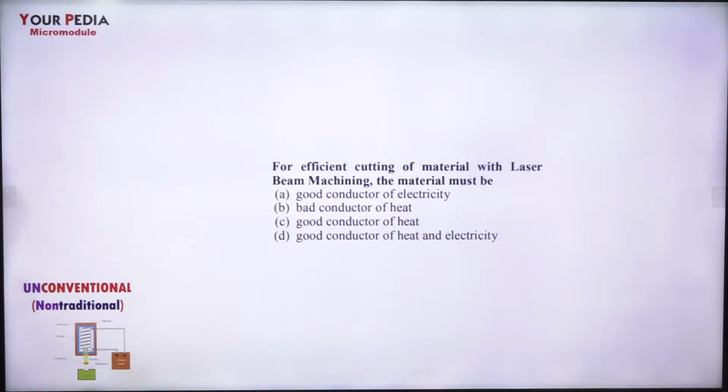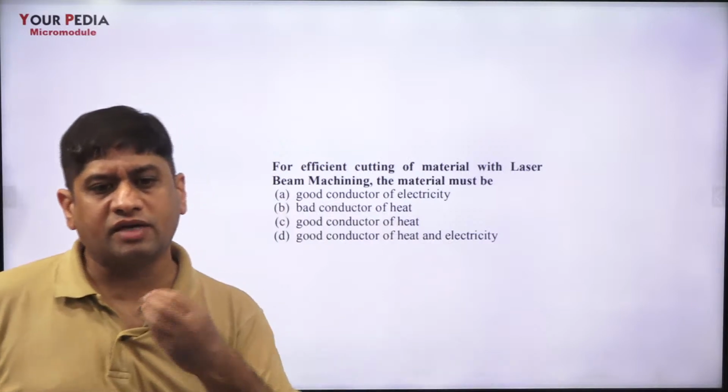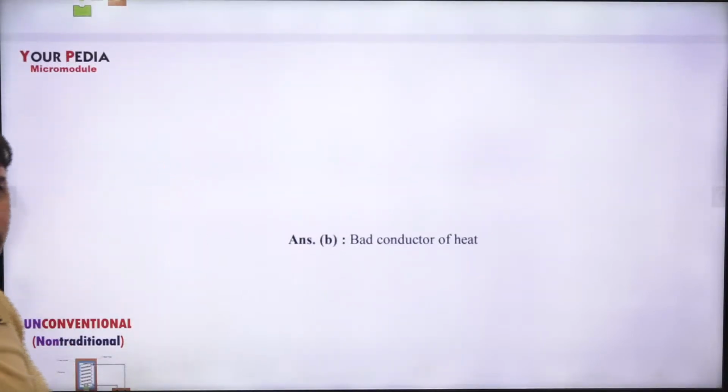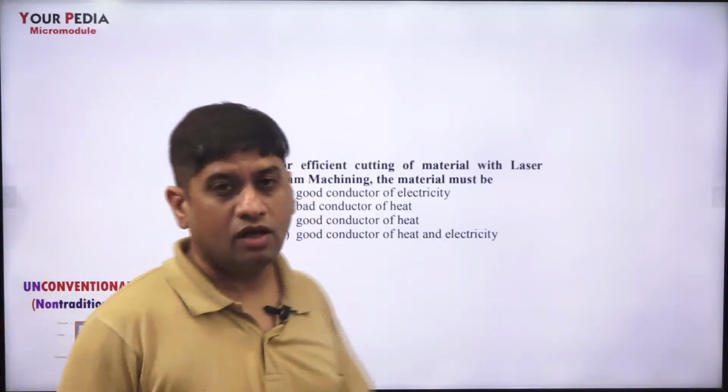What do you think? For efficient cutting through laser beam machining, if the workpiece is good conductor of heat, it will take out the heat energy. What do you think is the answer for this? Good conductor of heat, bad conductor of heat. I tell you why. Answer is bad conductor of heat.